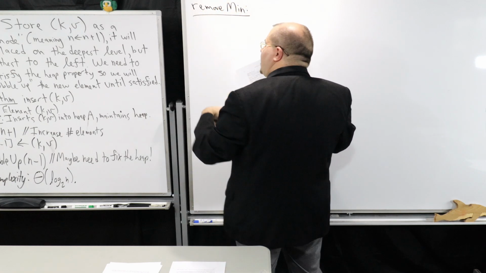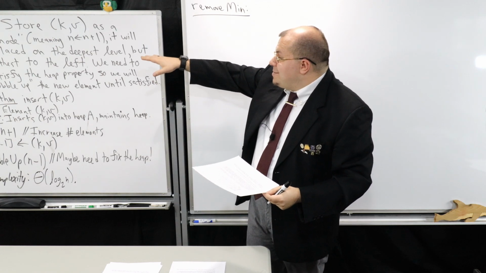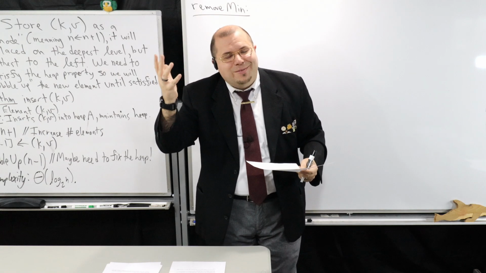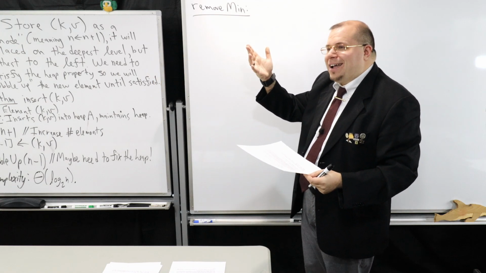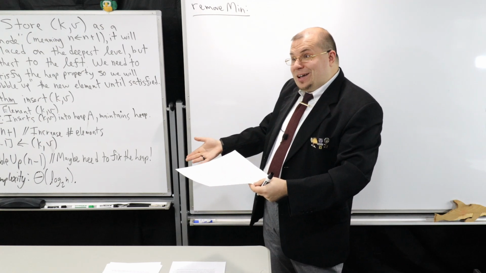Let's talk about removeMin. Now, naturally, just getting the min is as simple as just returning the first element, right? That's all you have to do with the array. It's really nice and simple. However, when you remove it, we have to be more careful.